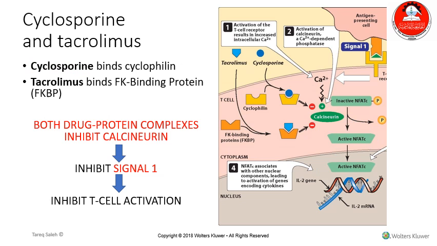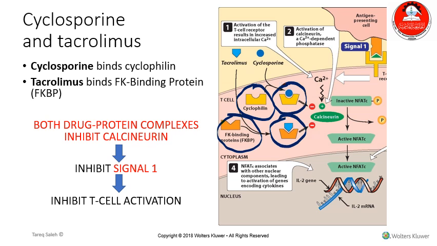Cyclosporin binds to an intracellular protein called cyclophilin, while tacrolimus binds to another intracellular protein called FK binding protein, or FKBP. Binding of both drugs to their respective proteins results in the formation of drug-protein complexes.